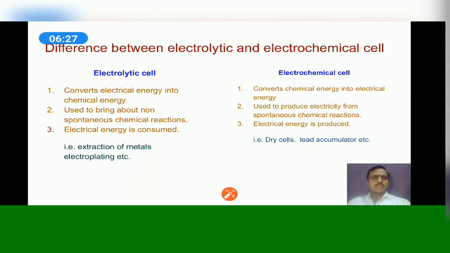It is used in the extraction of metals and electroplating. While the electrochemical cell converts chemical energy into electrical energy and is used to produce electricity from a spontaneous chemical reaction, and here electrical energy is produced. Examples are dry cells, lead accumulator, etc.